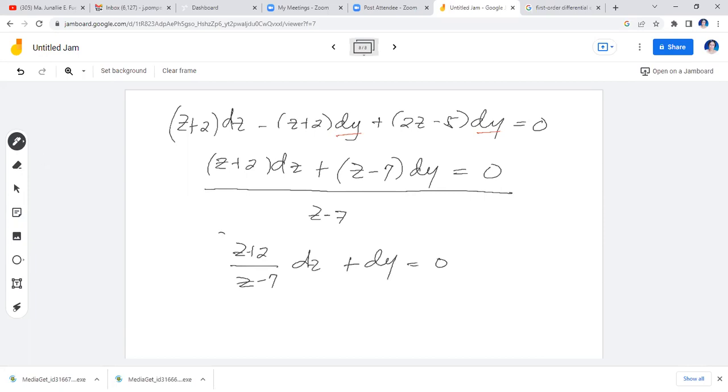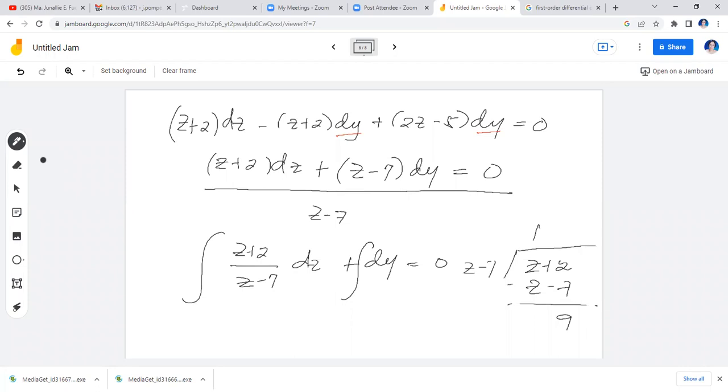And we've discussed this already in the method of substitution, how to deal with this particular integral. Since the degree of the numerator and the denominator are equal, you have to use long division. So z plus 2 divided by z minus 7. You have a 1 and you have a z minus 7. And you have here a 9 because you're going to subtract.